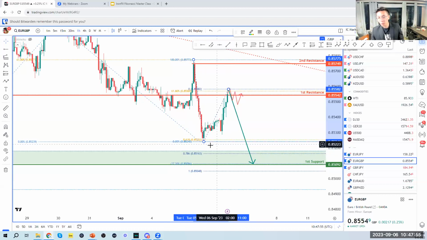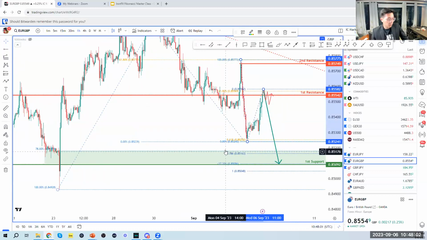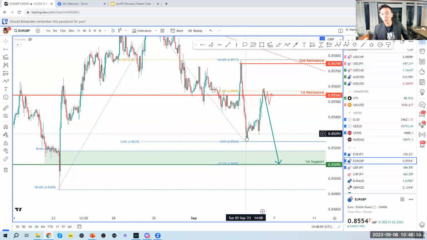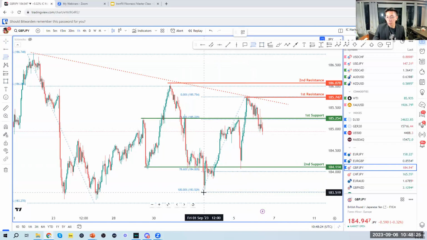If you have this tool right here, you can easily find the 78.6% Fibo projection level. Once you have this, you will be able to see where price could lead up to. From here, same thing. Let's see, zigzag.